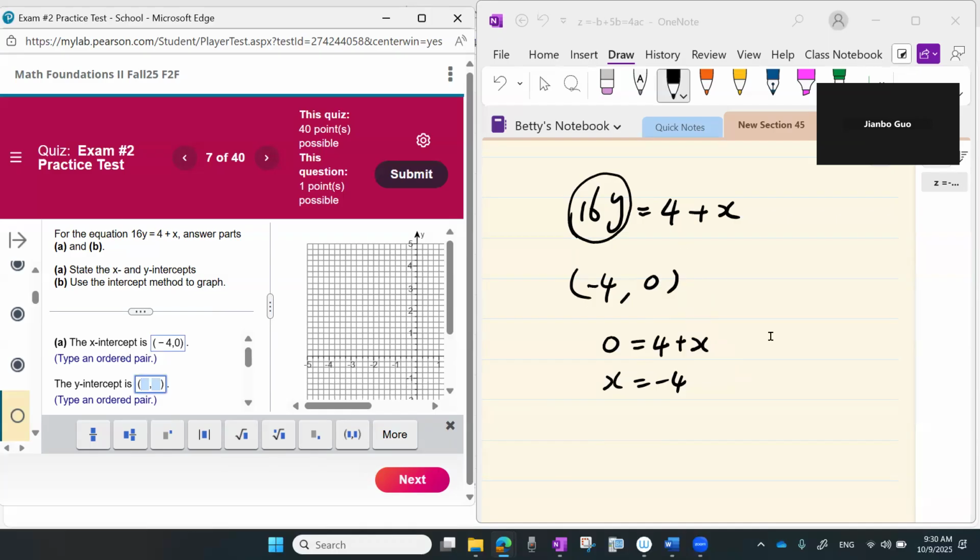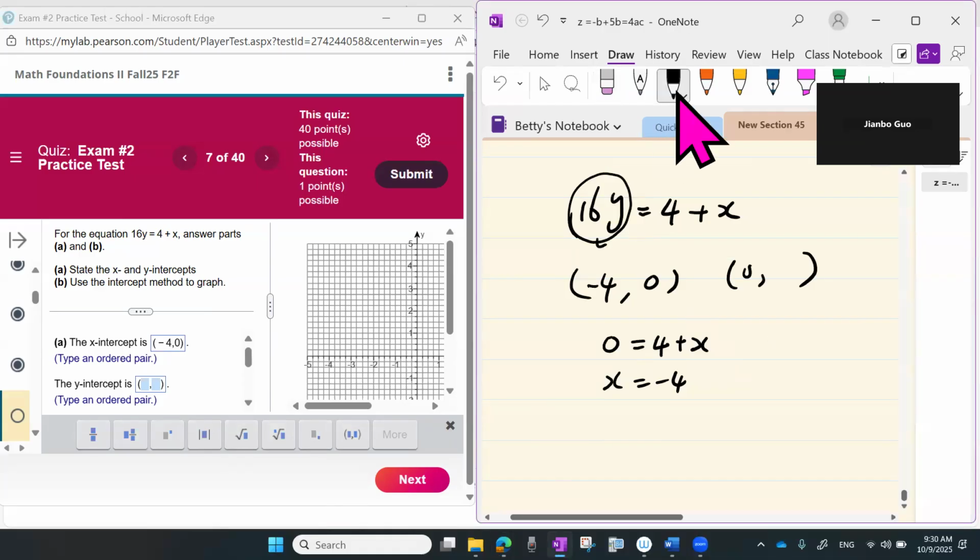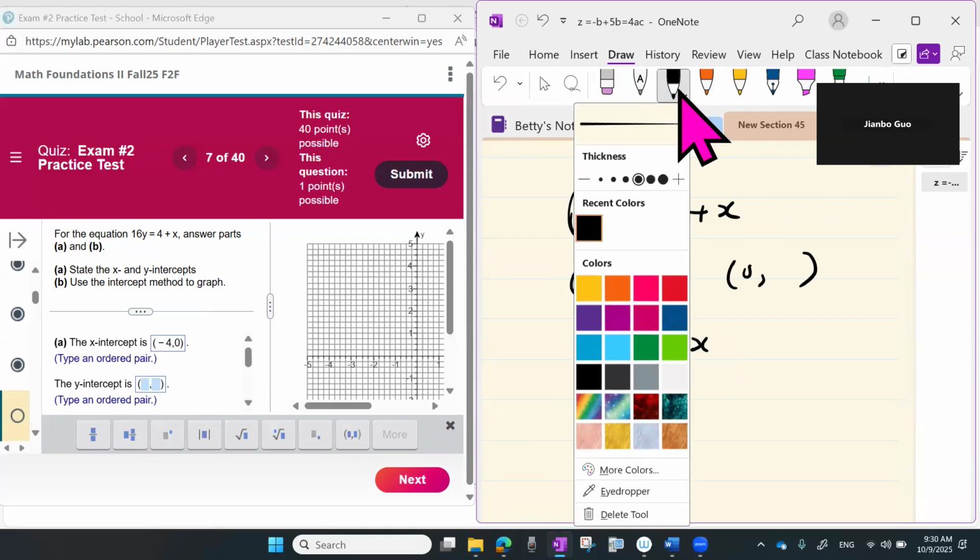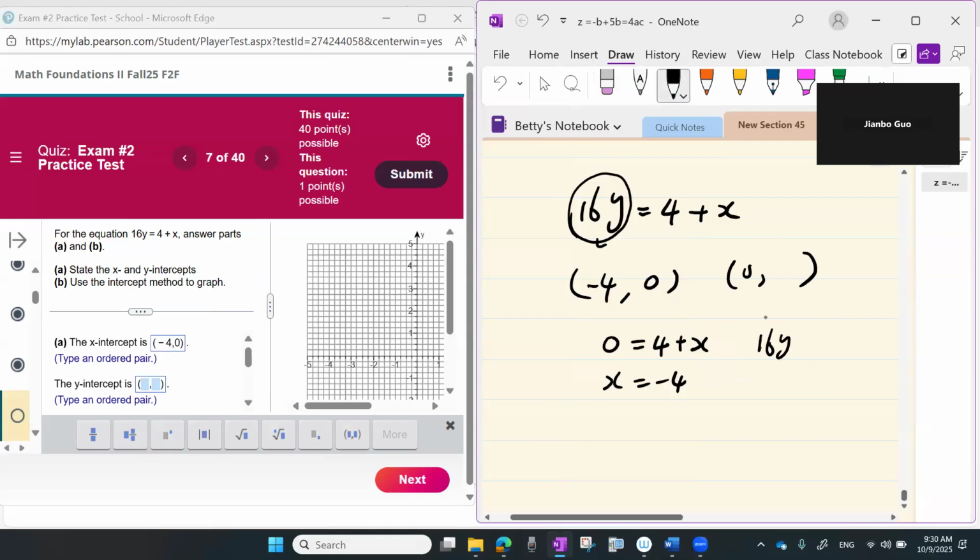So in the equation, we make x be 0: 16y equals 4 plus 0, and 16y equals 4. Divide by 16, y equals 4 over 16, that is 1 over 4. So the y-intercept is 0, 1 over 4.